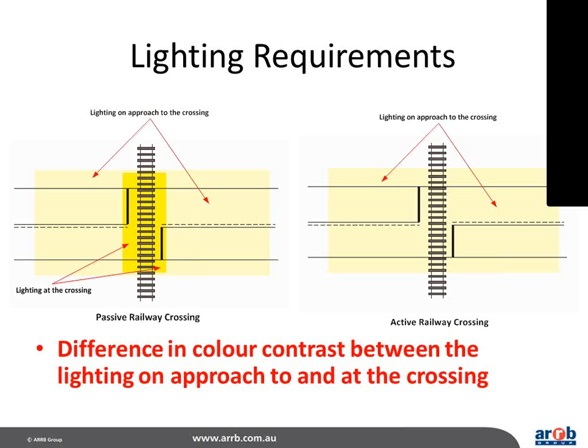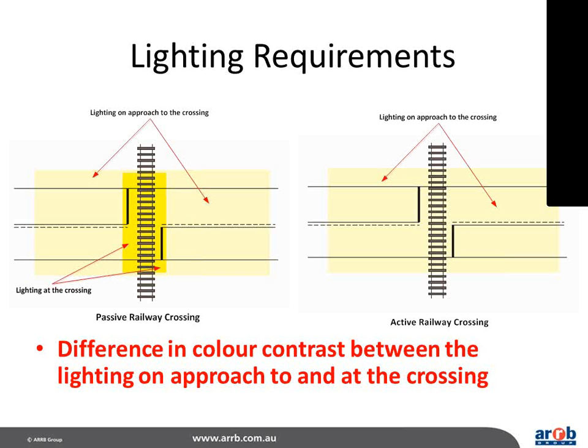The reason why is at night, if you light a road with the same level of lighting, a driver does not appreciate that there's something in the road ahead, doesn't realize there's a hazard in the road ahead, because he just gets into this tunnel vision and starts driving, and he just sees a row of lights. If there is a color difference between the approach lights and the lights at the crossing, as a driver driving down the road, he can clearly see, okay, on the road ahead, the lighting changes from maybe a white light to a yellow light.